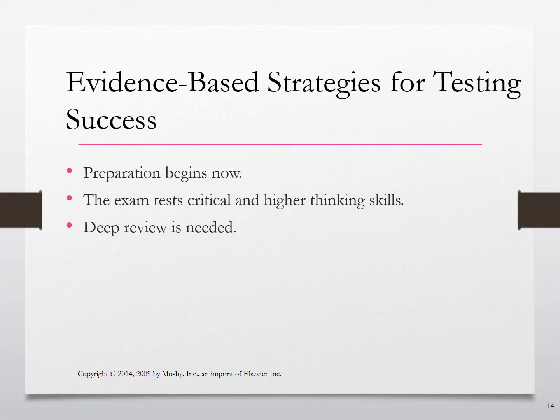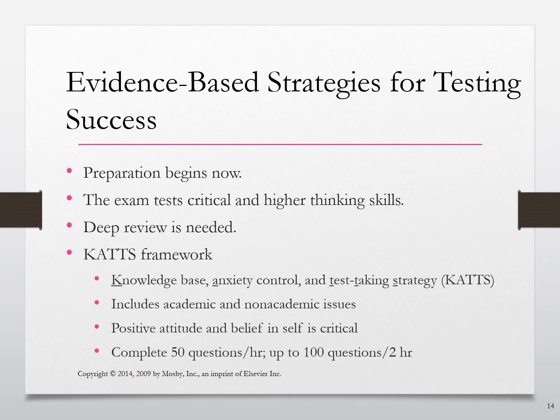Studying for the NCLEX RN exam should include several strategies, from notes and textbooks to a review program to a prep book. Critical thinking skills are imperative to a successful examination. CATS stands for Knowledge Base, Anxiety Control, and Test-Taking Strategies. All three components are critical for successful completion of the NCLEX RN exam.